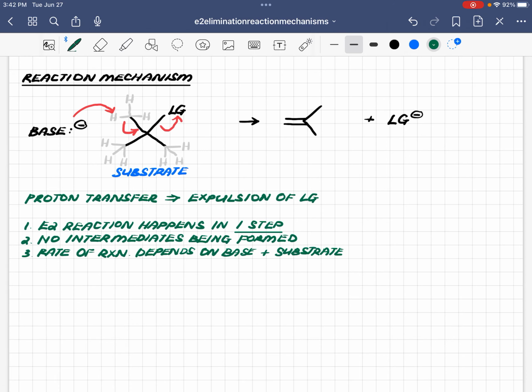So it depends on both of these two chemical entities.